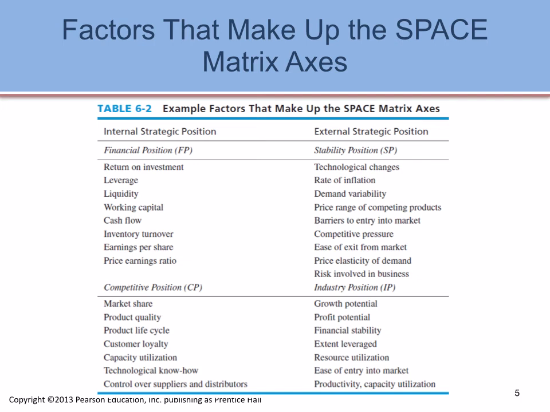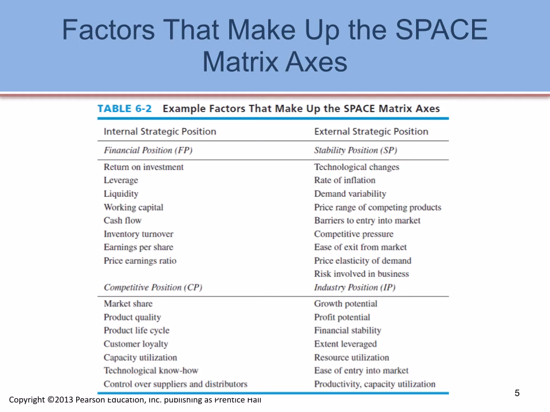Now look at the competitive position, CP, in the same table. Competitive position is always determined by market share, product quality, product life cycle, customer loyalty, and capacity utilization. And now look at the stability position, SP, which is measured by rate of inflation, price range of competing products, barriers to entry, technological changes, competitive pressures, and price elasticity of demand.